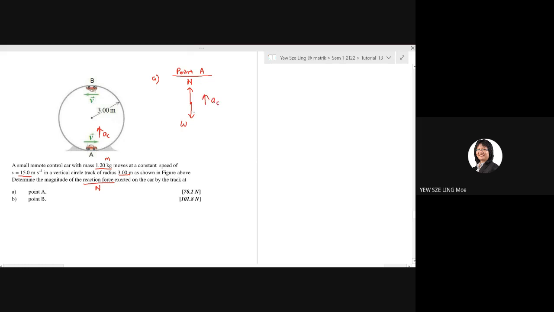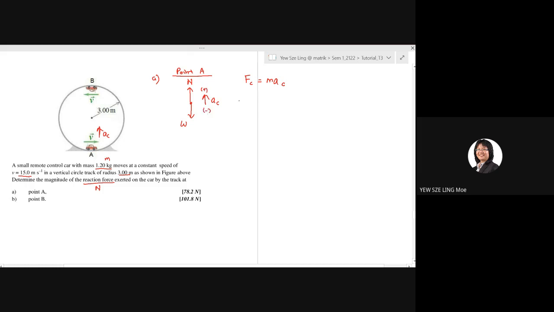Okay, therefore AC is going up. So this is the free body diagram. And now we want to calculate the normal force. So how are we going to calculate it? Fc equals mAc. According to my free body diagram, my A is now going upward, which means upward is a positive direction and downward is a negative direction.